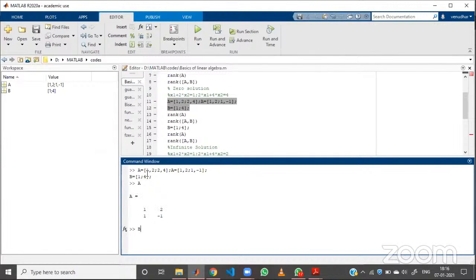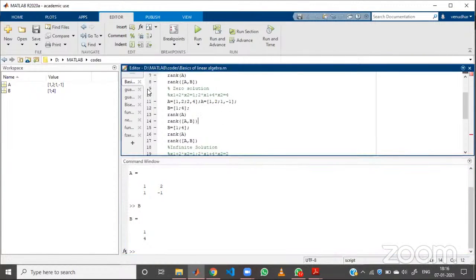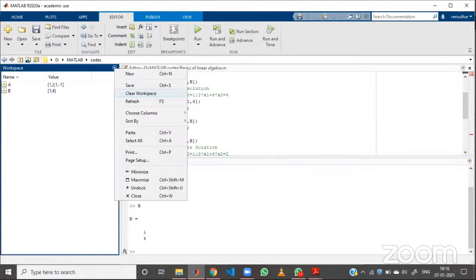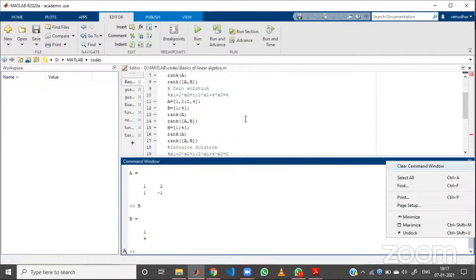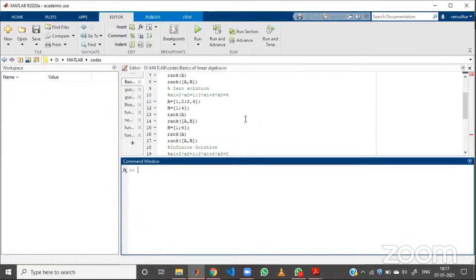What is the B matrix? 1 2. Sorry, we are getting the wrong result. So what does MATLAB give for the zero solution?